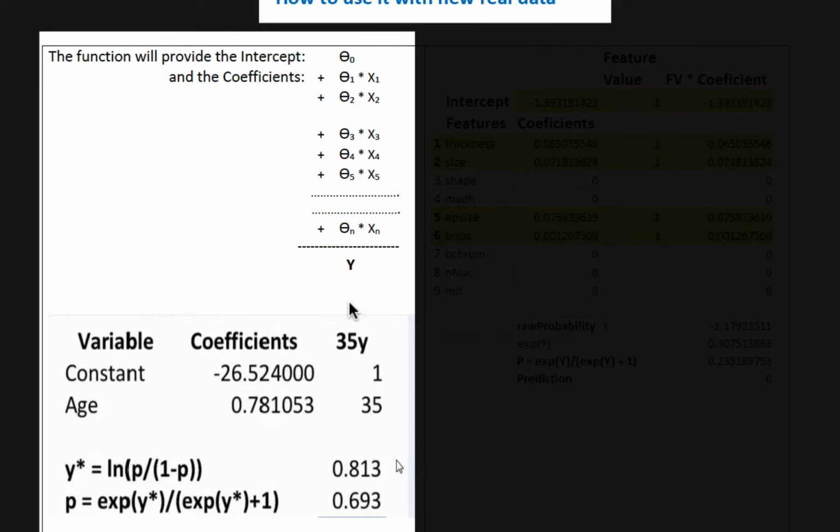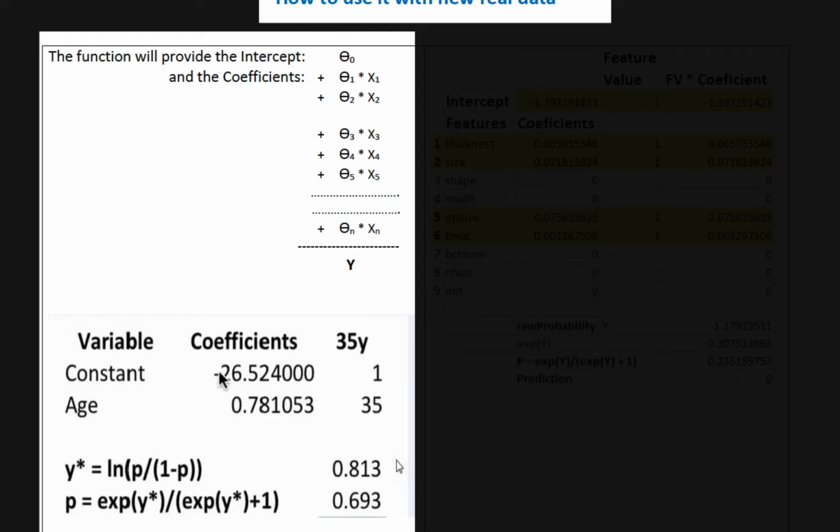Let's apply this formula to this simple example to see how it works. In this case, we have only one feature, that is the age. And we have these two coefficients, where the first one corresponds to the intercept and the second to the coefficient of the age. We want to predict, for a 35 year old person, what is the probability to be 1 or to be positive.